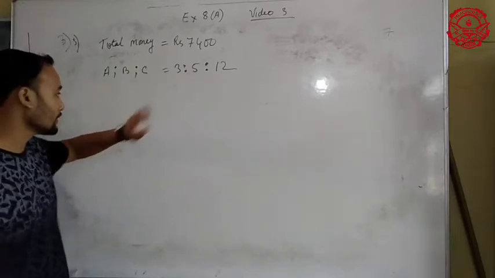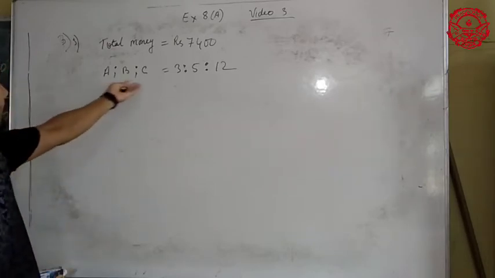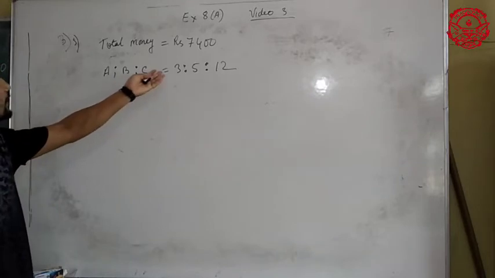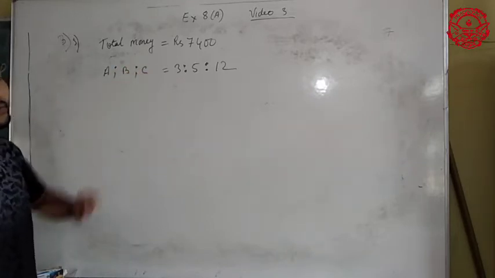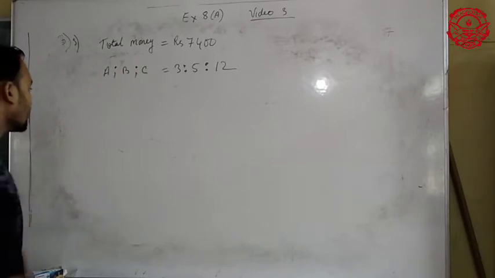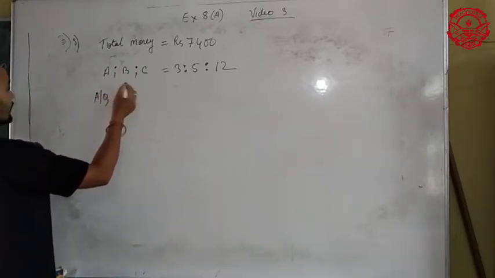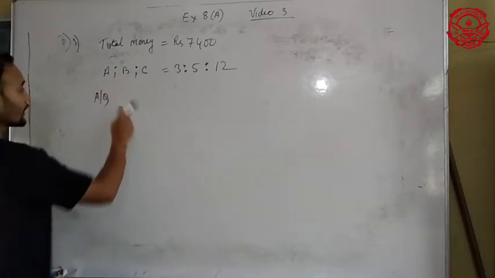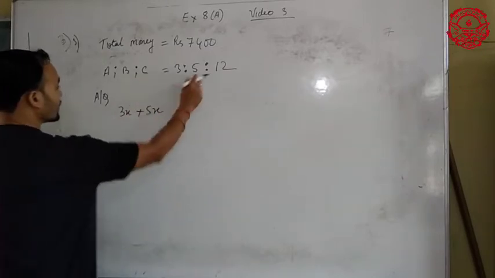Now see, there is one more method. Let the part of A be 3x, B be 5x, and C be 12x. In that way also we can do it.